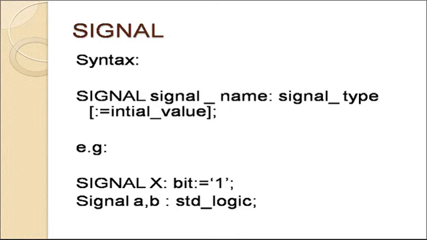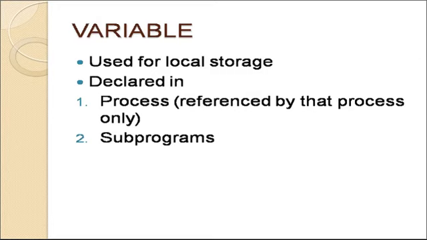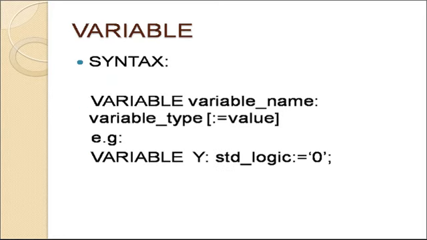Now we will move to the variable. I told you that it is used for local storage, can be used inside a process and referred to by that process only. Variables are also declared in subprograms. We can see the syntax for the declaration of a variable.